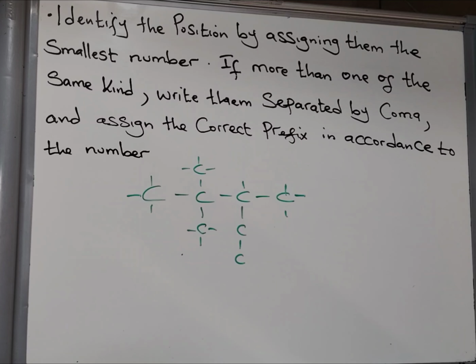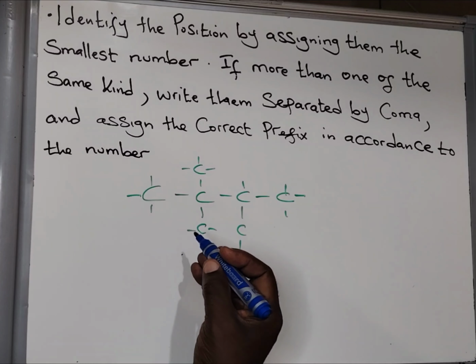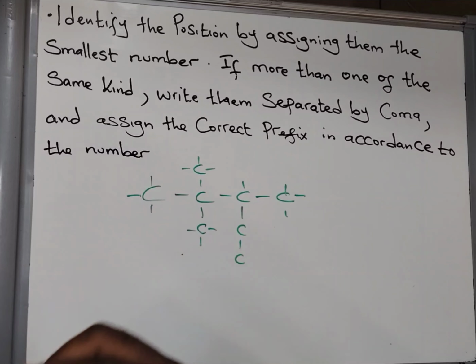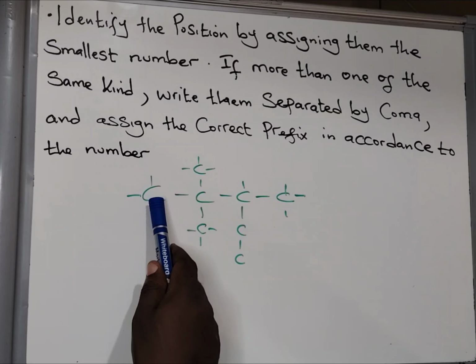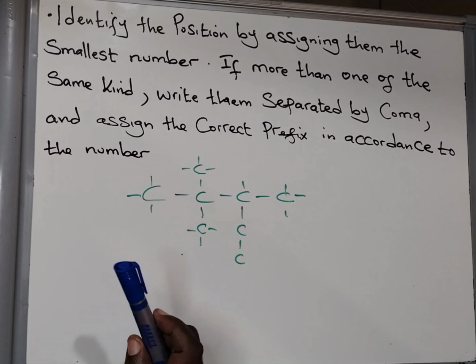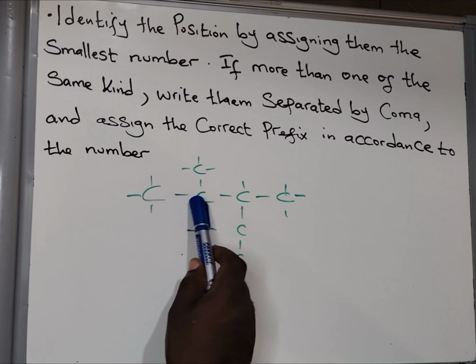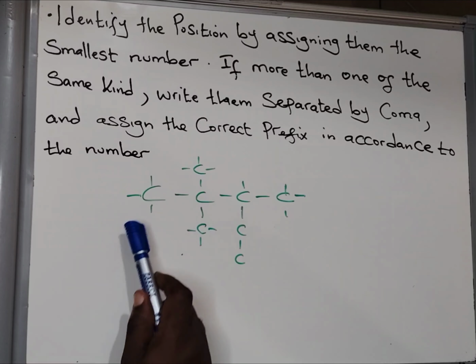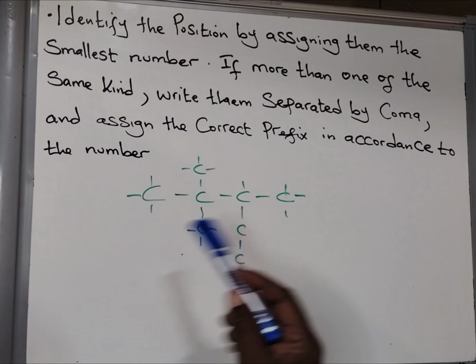The next step would be to identify the longest chain. Here we count 1, 2, 3, 4. That's 4. But if you count 1, 2, 3, 4, 5, this one happens to be the longest chain, not the straight one.